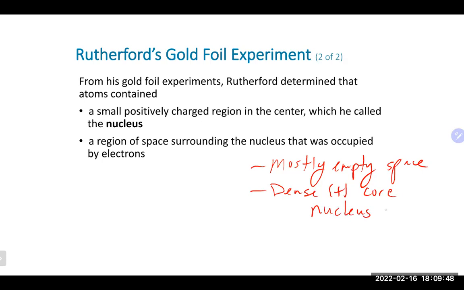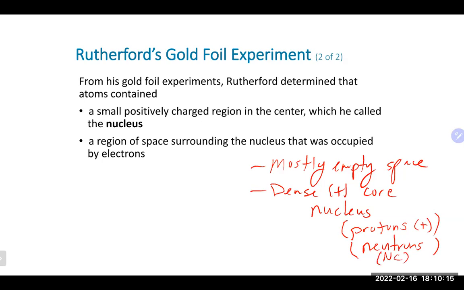As we'll talk a little more about today, in the nucleus is where we find protons, which are positively charged. Later on, not at this point in time, but in 1931, neutrons were also discovered to be found in the nucleus as well. Neutrons have no charge.